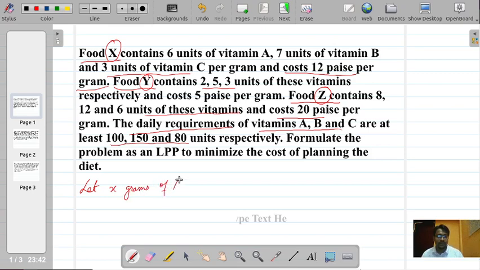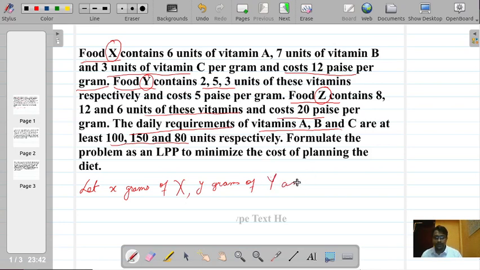Let x grams of capital X, y grams of capital Y and z grams of capital Z be consumed per day.